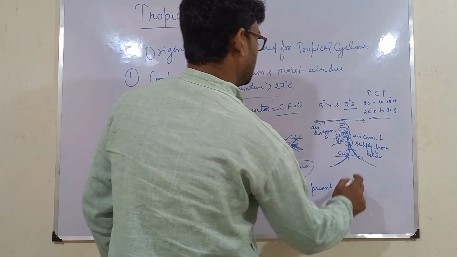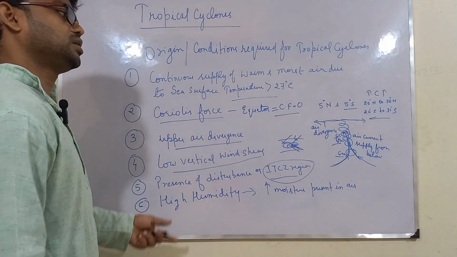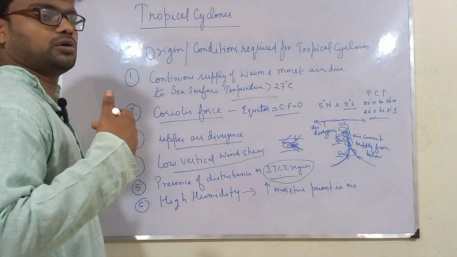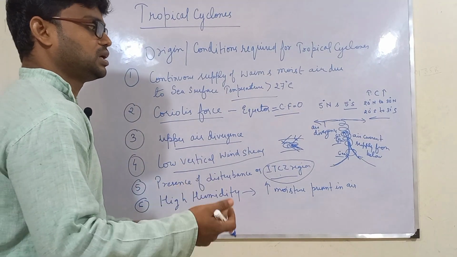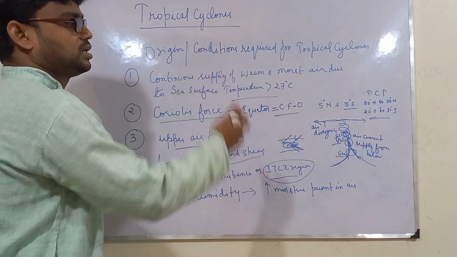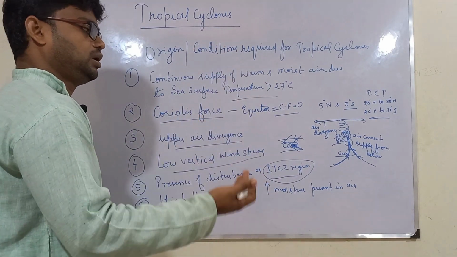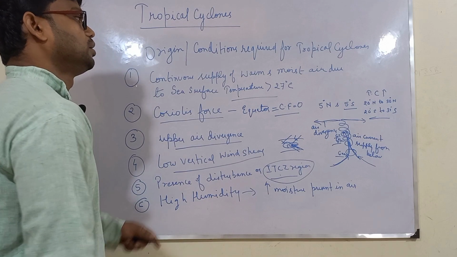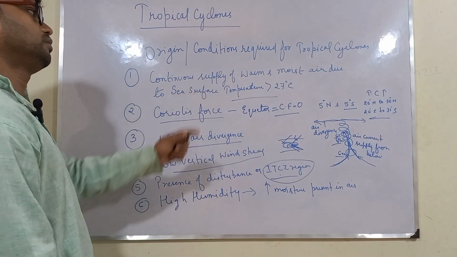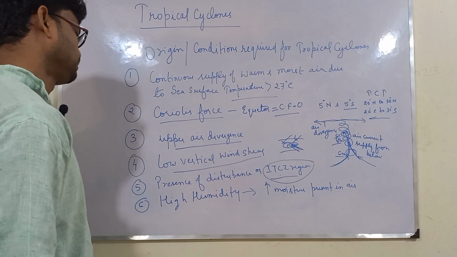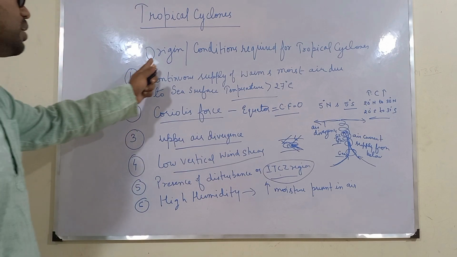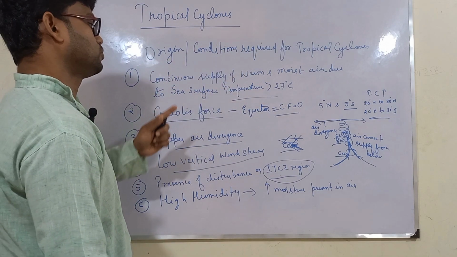The greater the amount of moisture present in air, the greater will be the amount of latent heat of condensation released on the warm air rising up, and the greater the amount of latent heat of condensation released, the greater will be the intensity of the formation of tropical cyclones. So these are the 6 points which are conditions required for tropical cyclones to be formed.